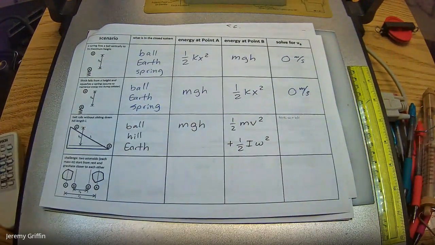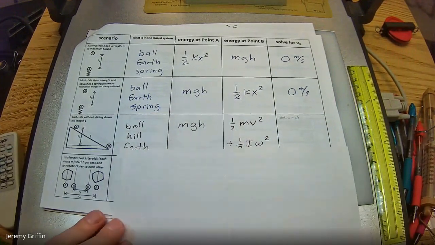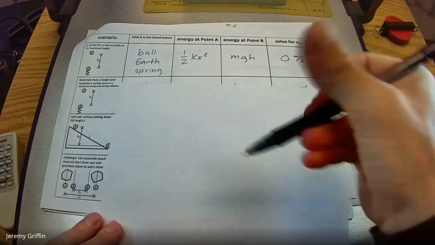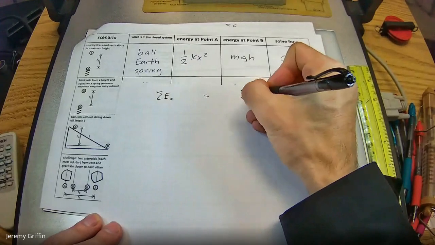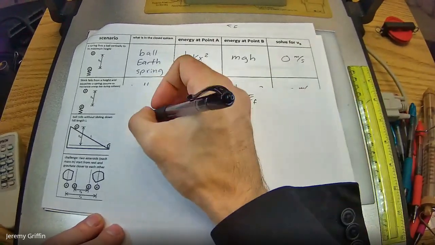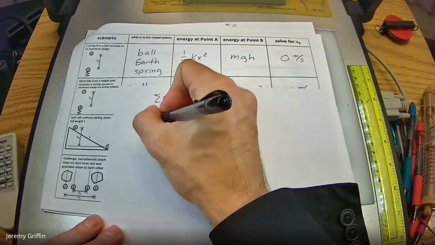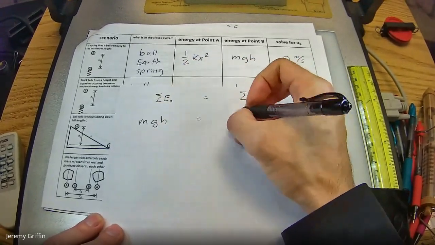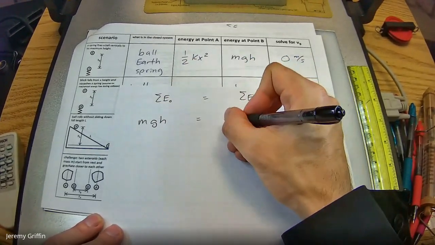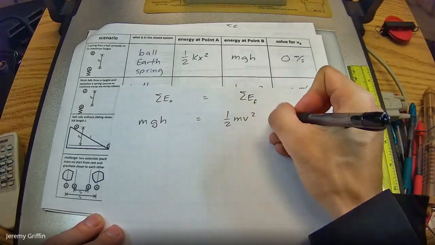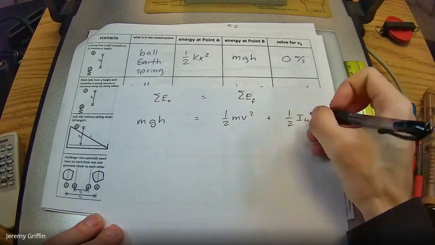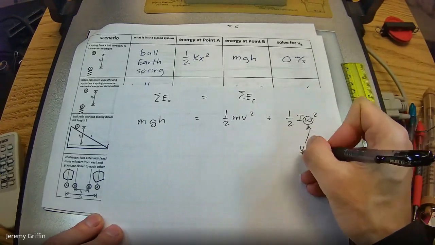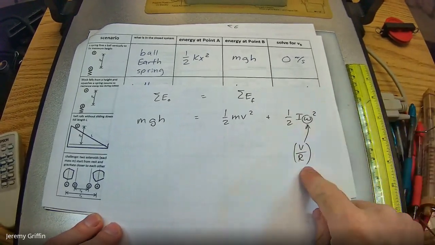Okay, get some paper here. Here's where we're going with this. Sum of energy at the top is equal to sum of energy at the bottom. The original mgh is going to turn into 1/2 mv squared, but also plus 1/2 I omega squared, where that omega is the same thing as v divided by r, where r represents the radial size of the ball.